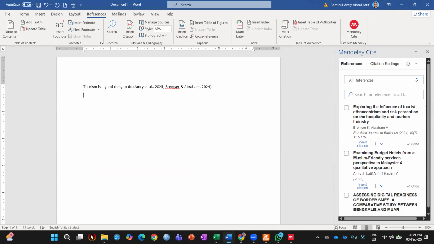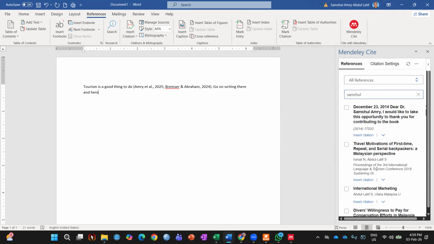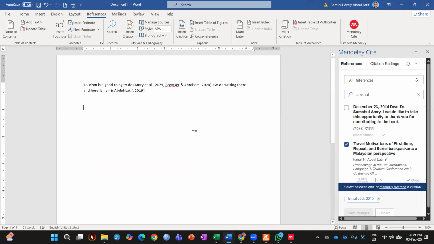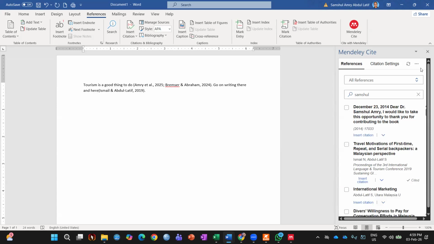It's done automatically, and you can go on writing. And let's say you want to find, what's his name? I'll put my name again. I'll choose this one. So there you go. It is quick, and you don't really have to worry about the format. It is done automatically. So the next step is to put the bibliography or the references.